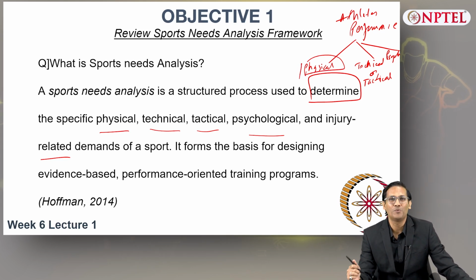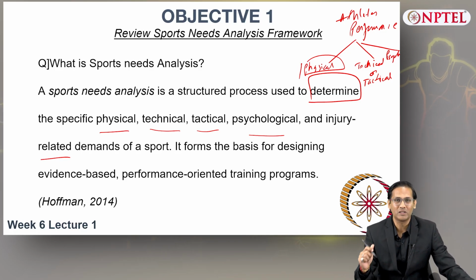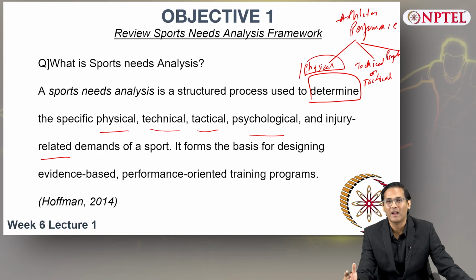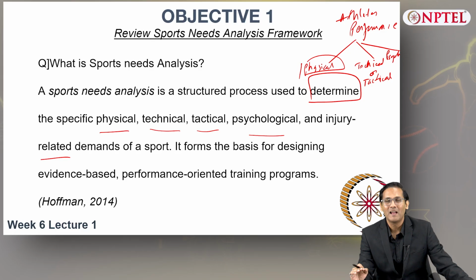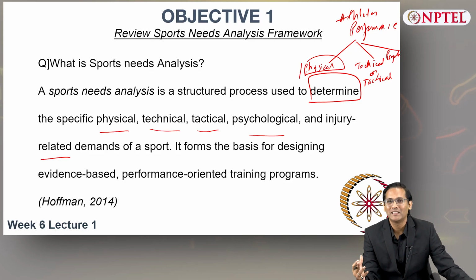So before you begin a program, or before you even think about improving an athlete's performance, the homework that you should be doing is to find out what the physical, technical, tactical, psychological and injury related demands are for the sport.